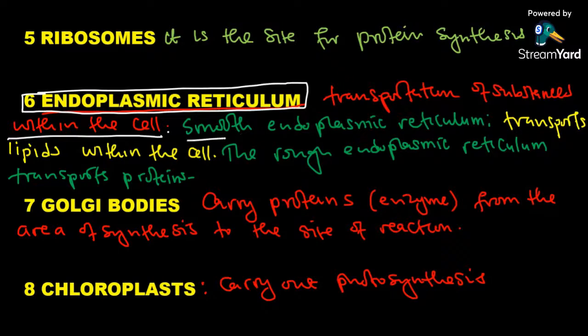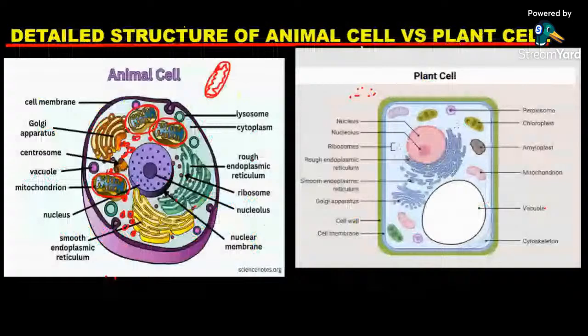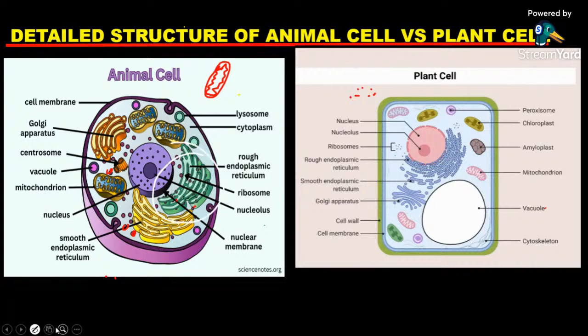We are going to start by looking at the smooth endoplasmic reticulum. I've told you the difference between the two. This is the rough endoplasmic reticulum, and this is the smooth endoplasmic reticulum. Not this one, please. This one. So this is the smooth endoplasmic reticulum. The difference is that the smooth endoplasmic reticulum does not have ribosomes on its body, but the rough one has ribosomes.